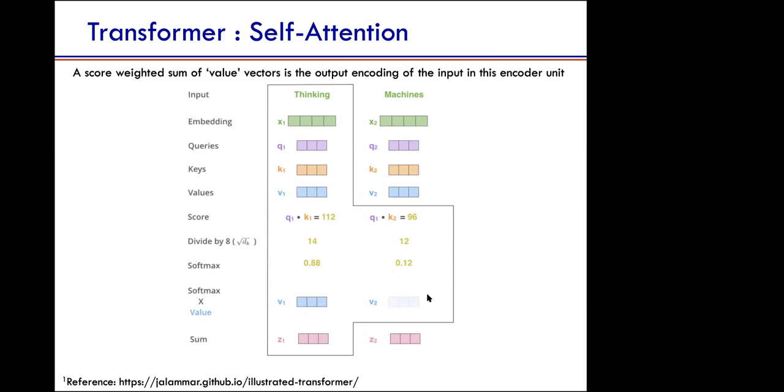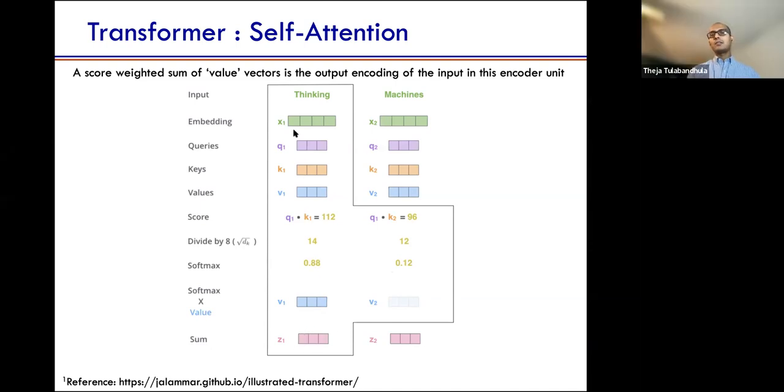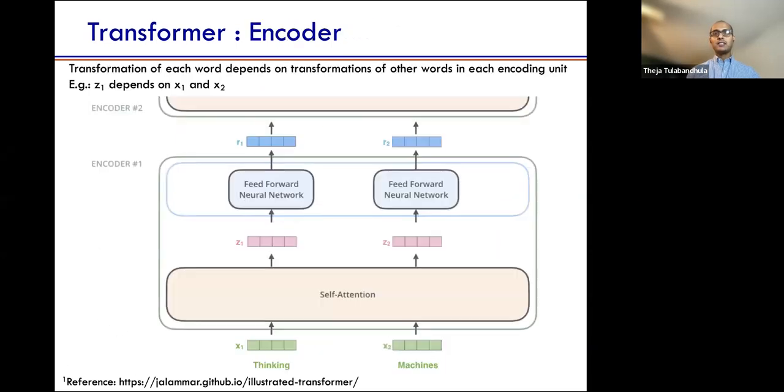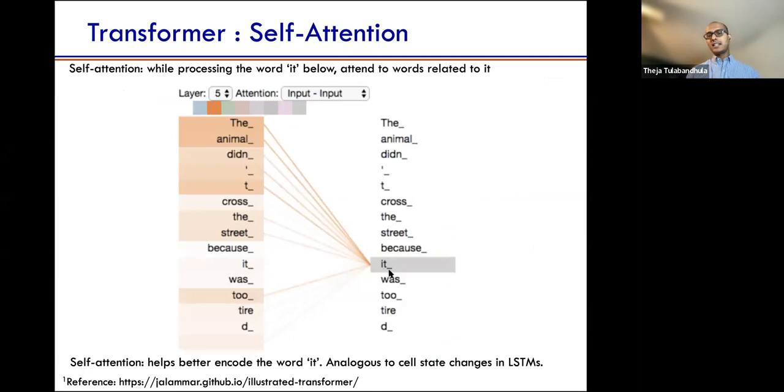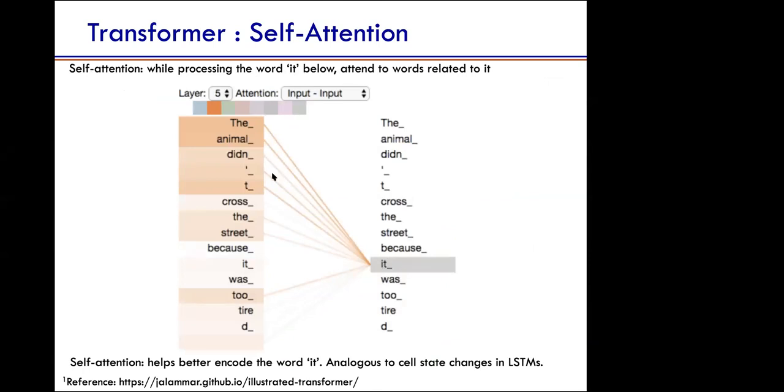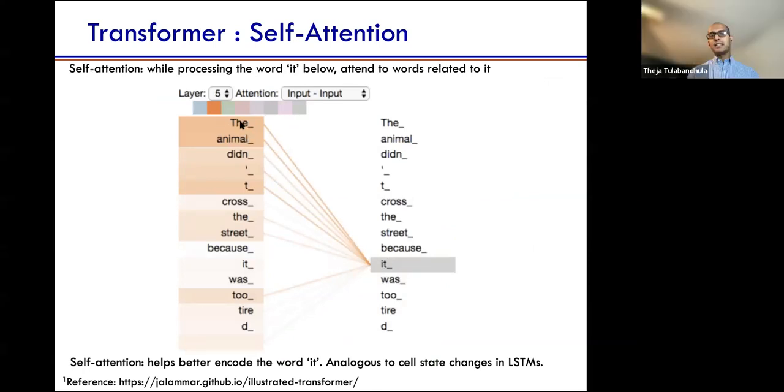I was concerned about the similarity between Z1 and all the corresponding vectors. Will similar words have similar Z1 score vectors? The point is that Z1 should be influenced by what other words are there in the sentence. For example, if you go back to this example, the vector for it is getting influenced by the vector for the animal, because it actually should correspond to the animal, right?